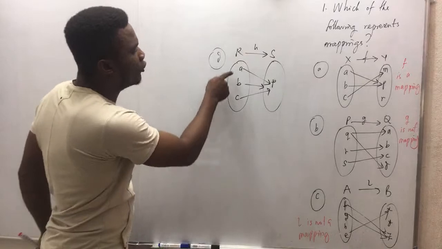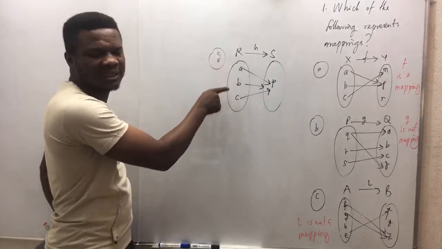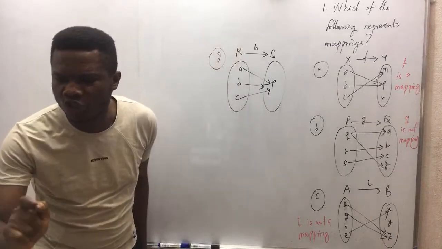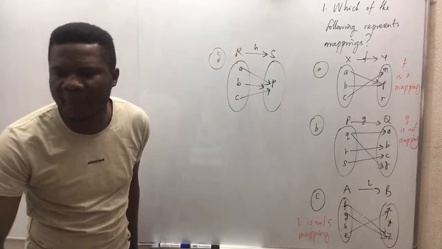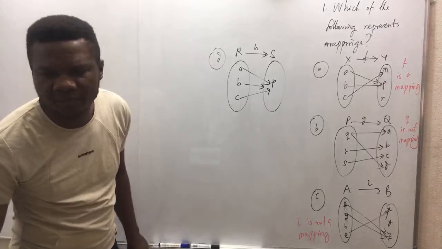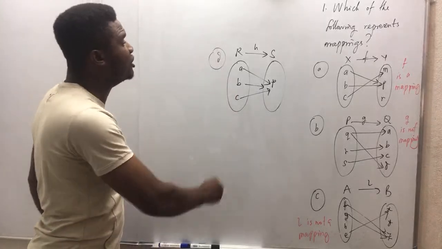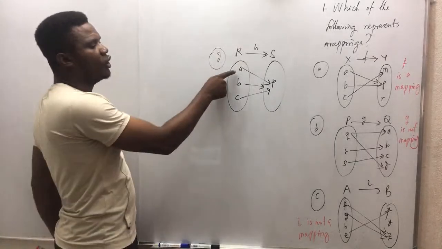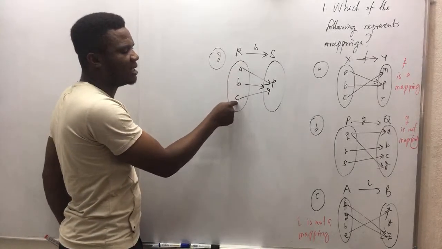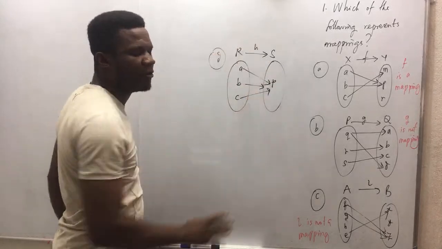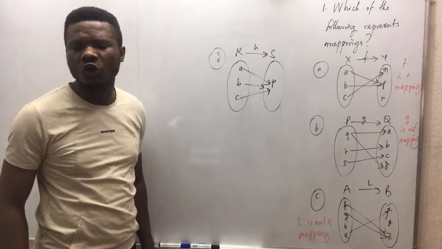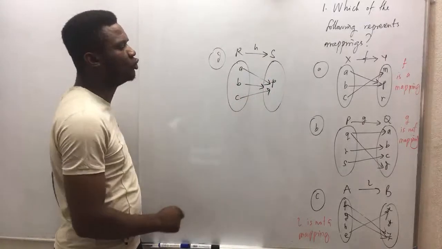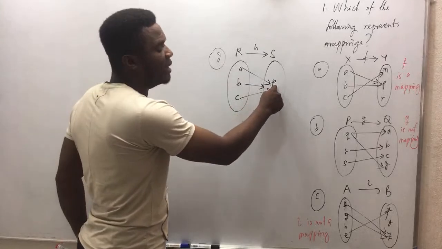You will notice that the relation H satisfies condition number 1. What is condition number 1, guys, for a relation to be a mapping? Every element in the domain must have a unique image in the codomain. Every element. Now, you will notice that A, B, and C all have unique images in the codomain. So condition number 1 is fulfilled. If you go over to condition number 2, you will notice that the image is unique.